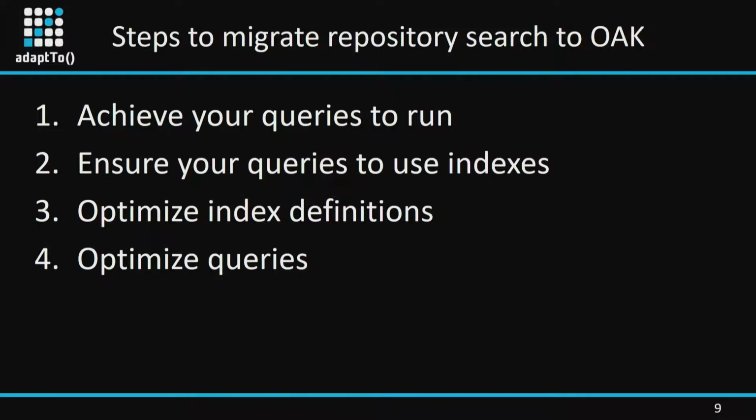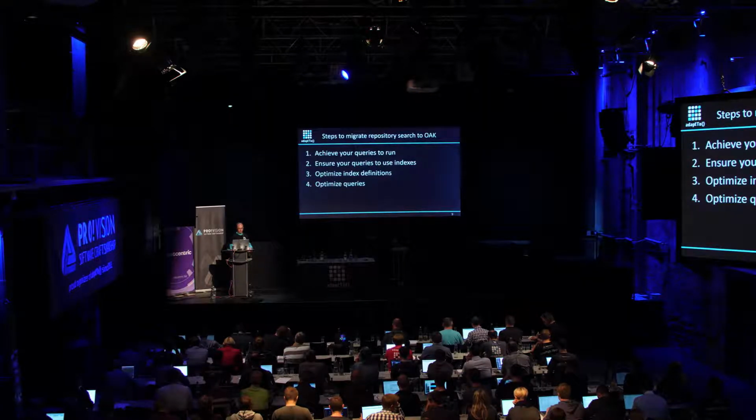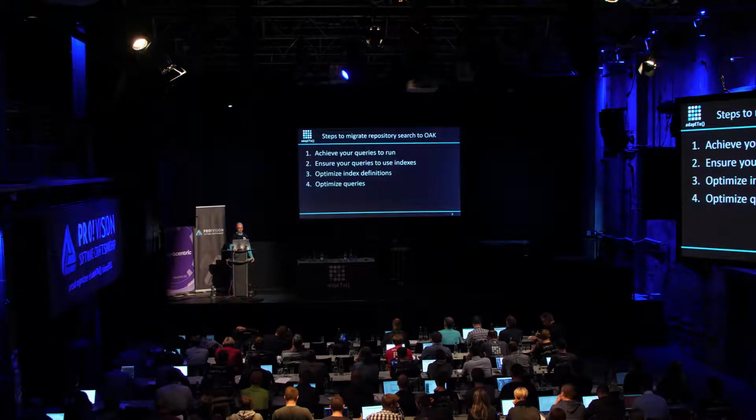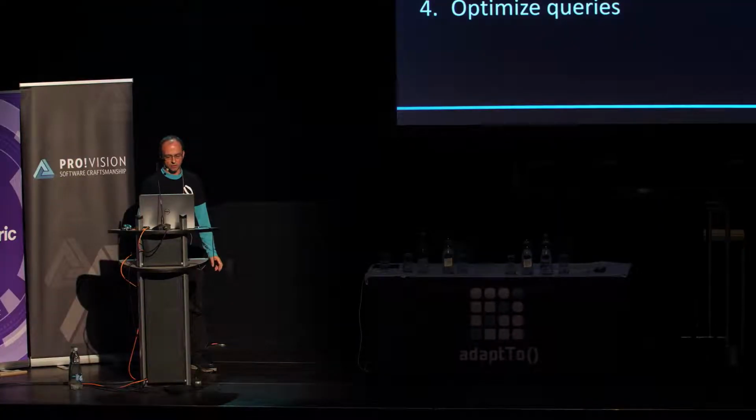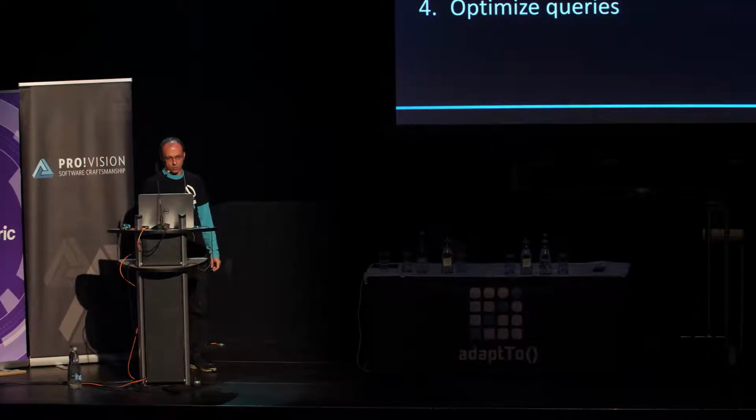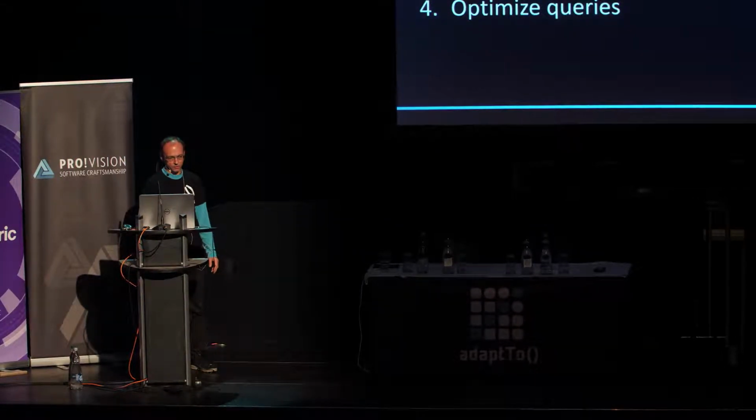So now I want to talk about migrating repository search to OAK. We have done it in these 4 steps. The first step is achieve your queries to run. In other words, when you have successfully made the content migration with live content or representative content or at least good test content, then try out your application-specific queries and look at the system response.